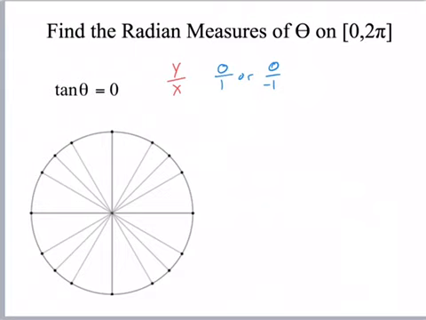If you get a 0 in the denominator, that's undefined. So the coordinates I'm looking for would be negative 1, 0 or 1, 0. Aren't those the two I'm looking for? Those two would create a tangent of 0.